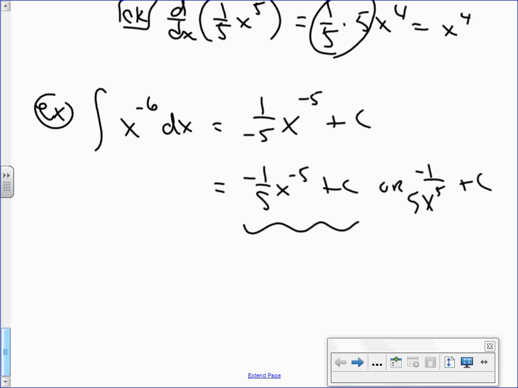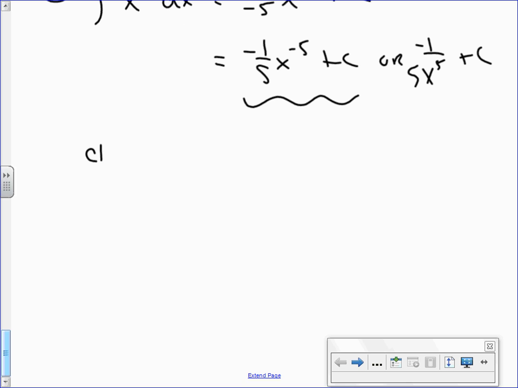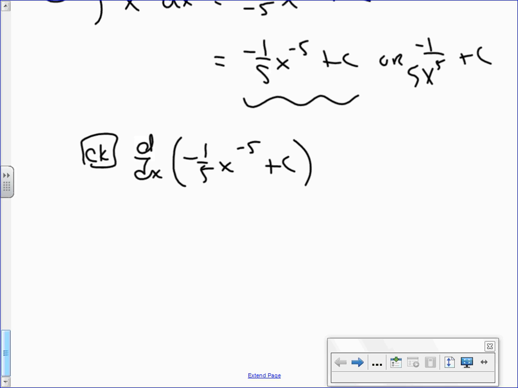And once again, I'm just going to check it here, so you can see that if I take the derivative of negative 1/5 x to the negative 5, I can put the plus c in there, that's fine. Then I'm going to get x to the negative 6, you subtract 1.